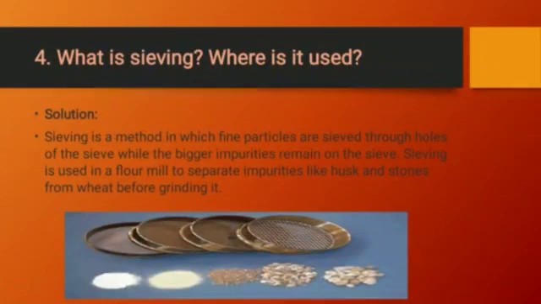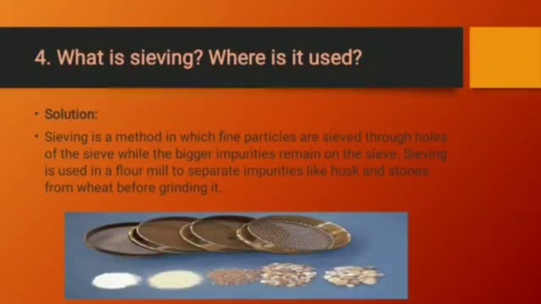Question number 4 is, what is sieving and where is it used? So what is sieving? Sieving is a process which allows the fine particles to pass through the holes of a sieve. It means we take one sieve and put the component on that sieve. What will happen?